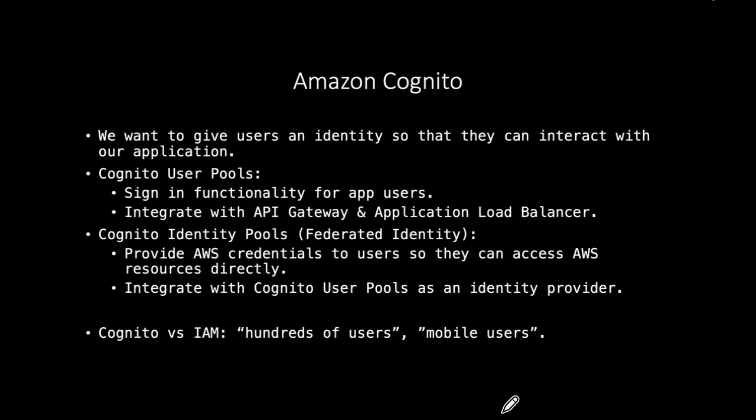The identity pool, which we won't look at, is more concerned with giving users AWS credentials so that they can access some of your AWS resources directly. The simplest example of that would be if you had an S3 bucket and you wanted to allow your users to upload stuff to the bucket.